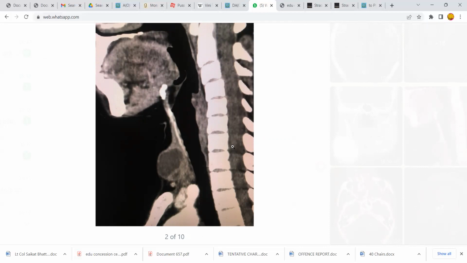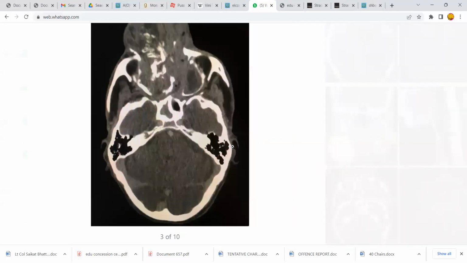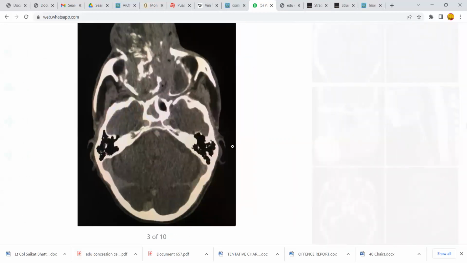Thyroglossal duct cyst. Okay, likely infected thyroglossal duct cyst. Midline cyst in relation to the thyroid cartilage, peripheral enhancement, central non-enhancement. Yes, Yogesh?